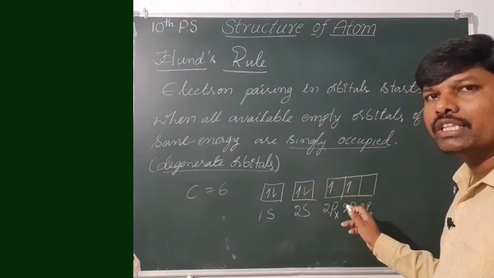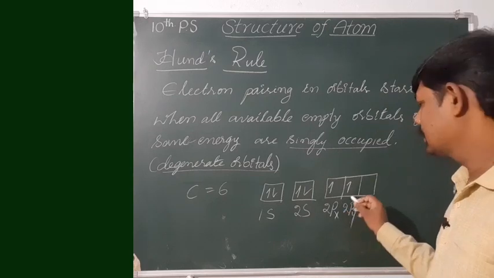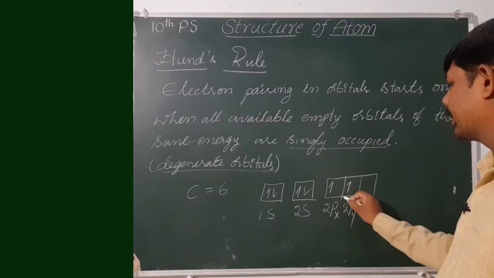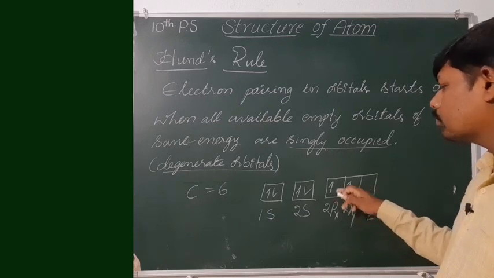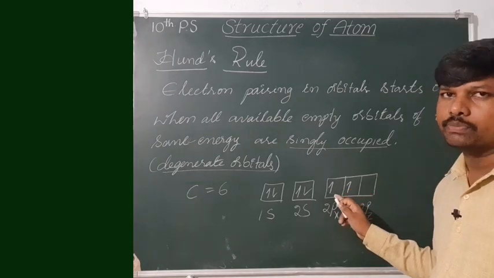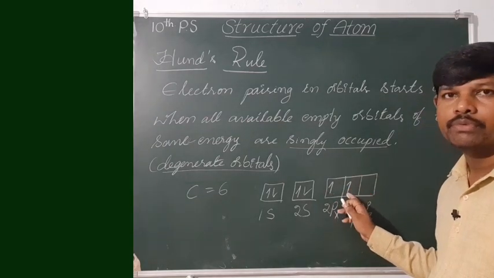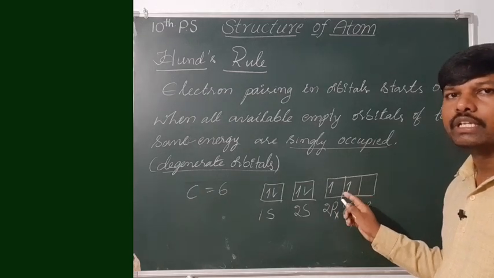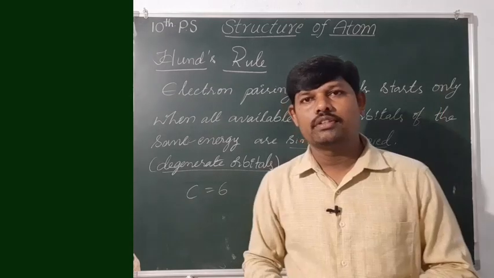Here one thing you have to notice. In this 2px and 2py, the electrons have parallel spins, both having clockwise spin, upward arrow mark we kept. So these 2 electrons have the same spin, that is parallel spins.